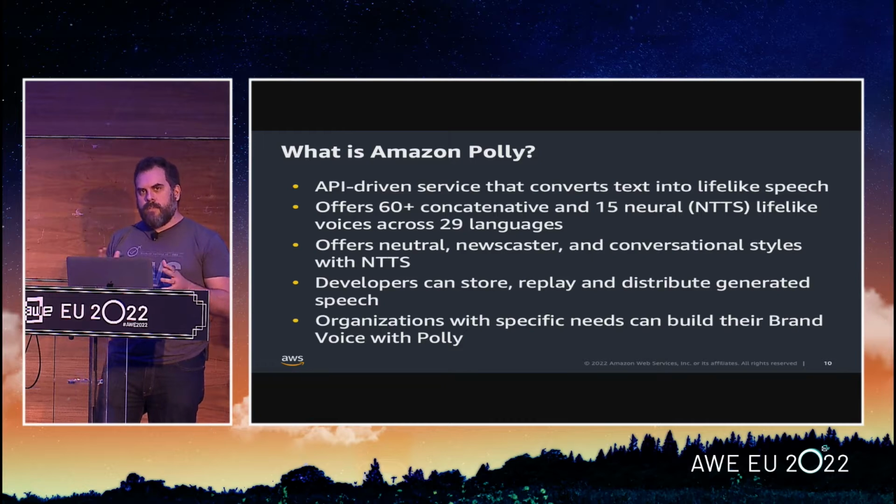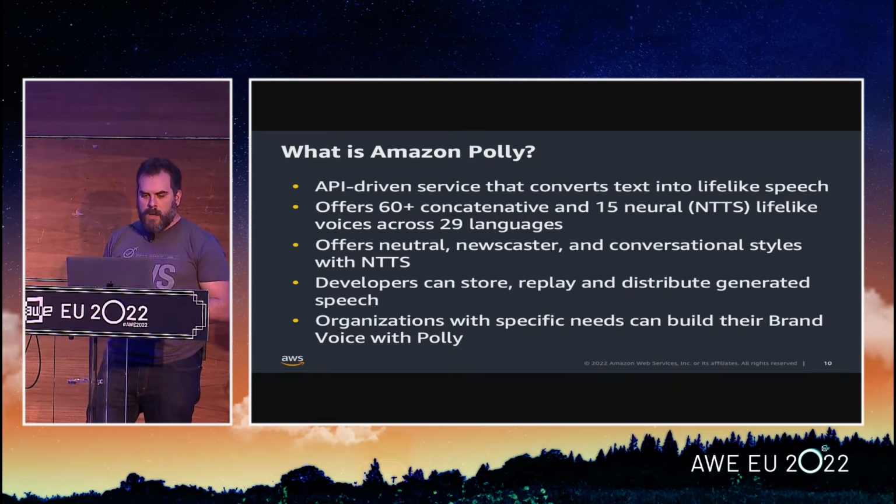It's built in different, let me say, flavors. There is a concatenative set of standard voices in different languages, plus we have this neural text-to-speech solution. I will give you an example in a moment.